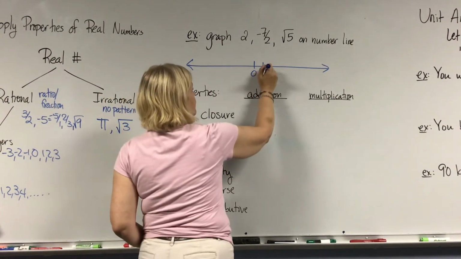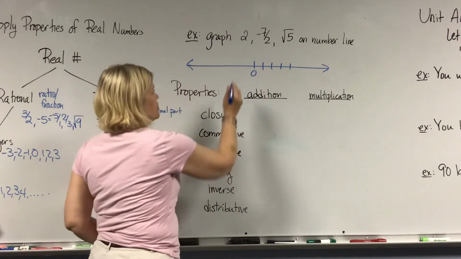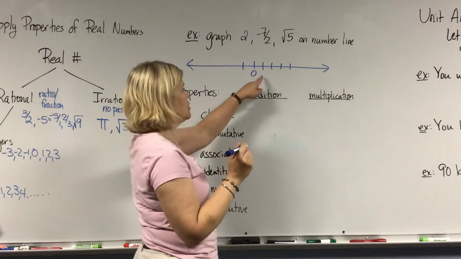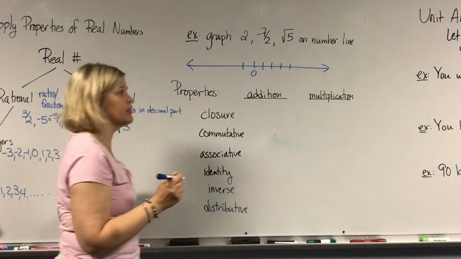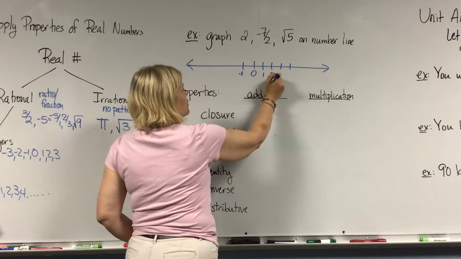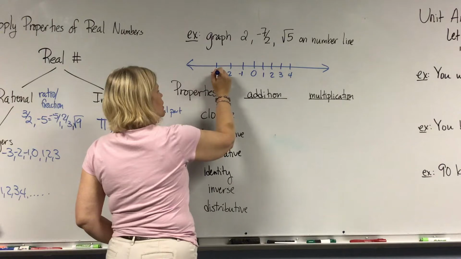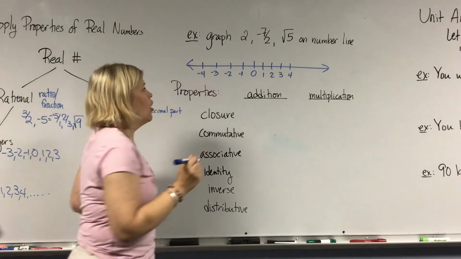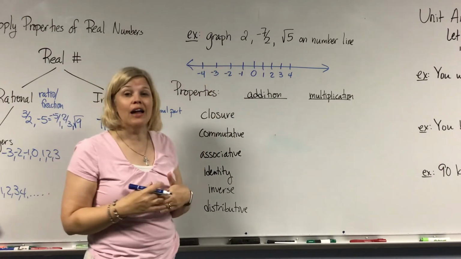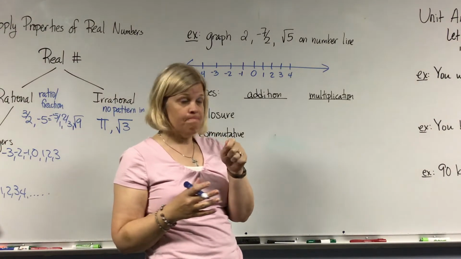Then I want little tick marks representing the integers. Whether you write 1, 2, 3, 4, -1, -2, -3, -4, or just put the tick marks, I don't care which, but I need to be able to see the tick marks.